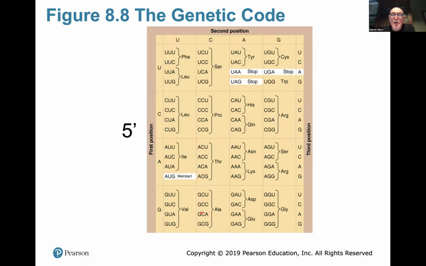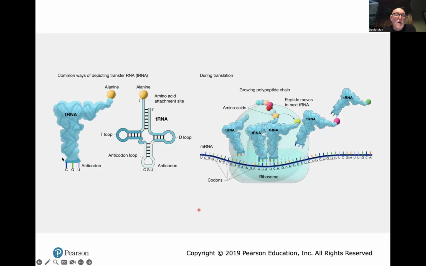There it is. That's the codon for alanine that this tRNA is using. GCA. What is its anticodon? CGU. In other words, the anticodon is literally the anticodon. It base pairs to the codon. So it's base pairing to the codon for alanine.